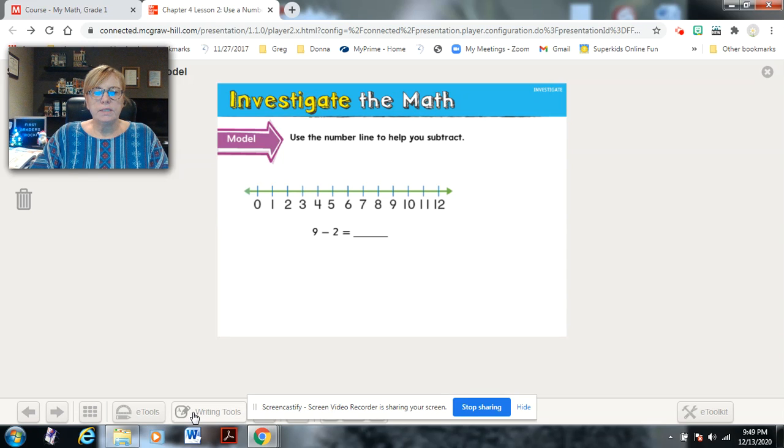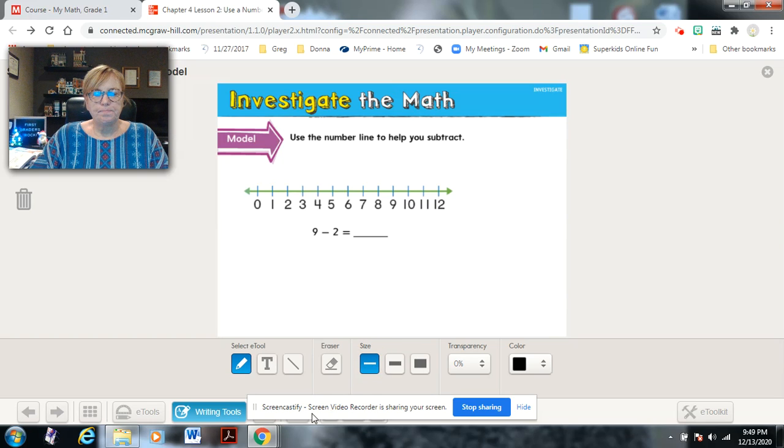So I would say with this one, we could count back on a number line. Now, when I say count back, that means the numbers will get smaller, right? Okay, so we're going to start on the number 9 right here, okay? And we have to count back 2 times.